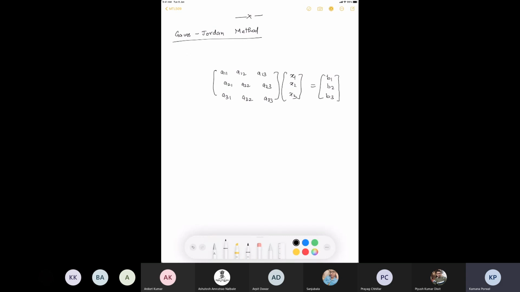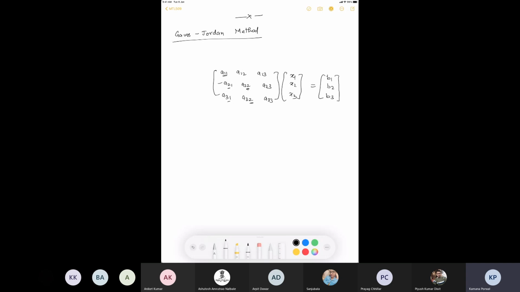For example, I start from this, making this element the pivot element. I check that this element is non-zero. With that assumption, I eliminate the x1 variable from the second and third equation, right? Now, when I come to the second, in the modified system we will have zeros here, and the element sitting here will be my pivot element. I use that to eliminate x2 from the third equation, and we repeat this process.